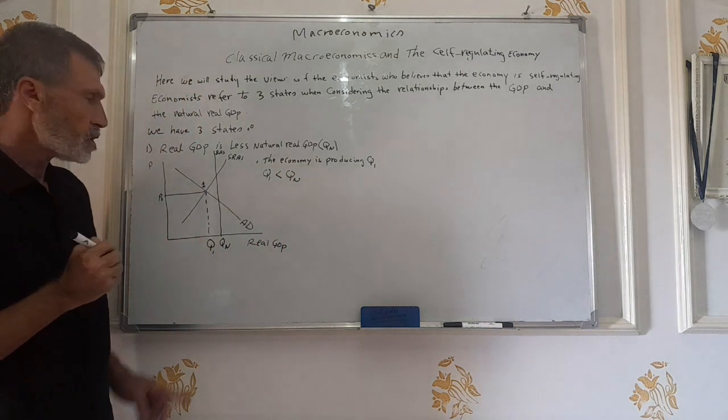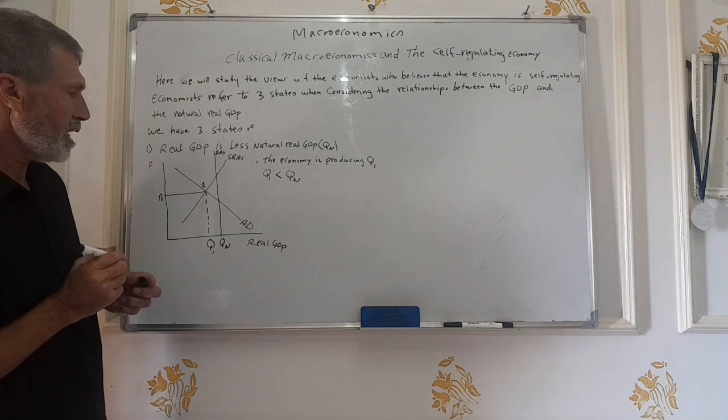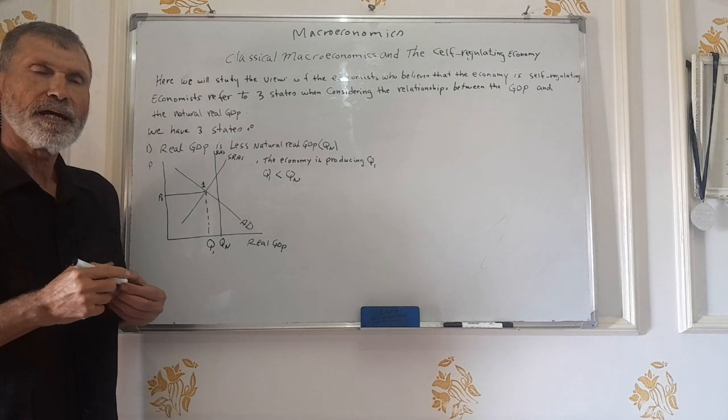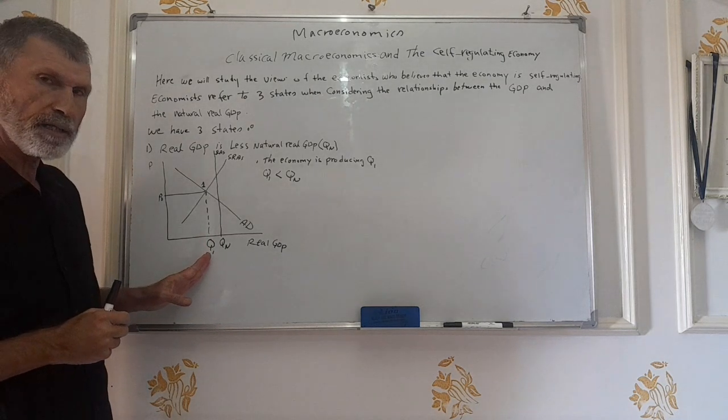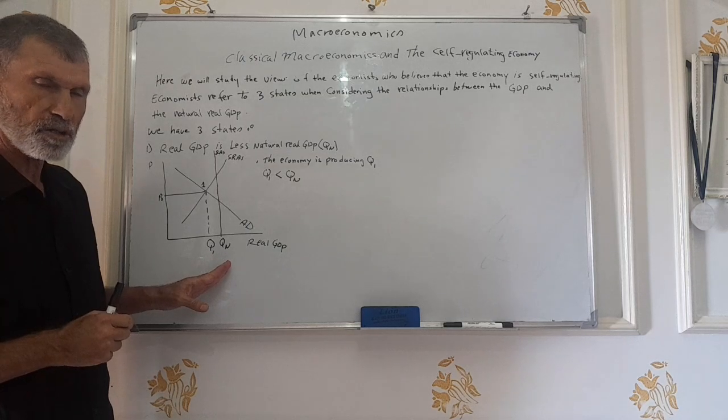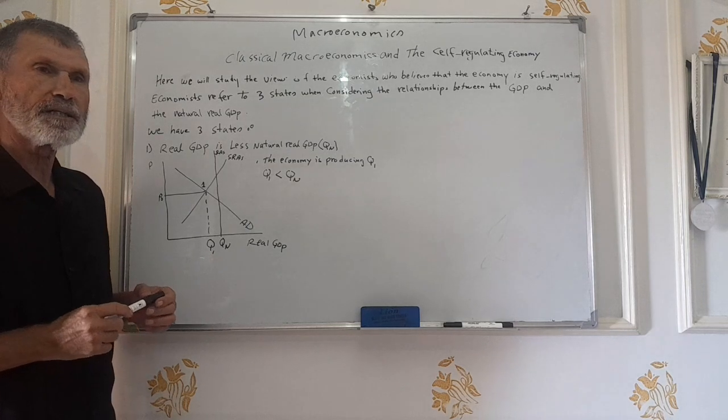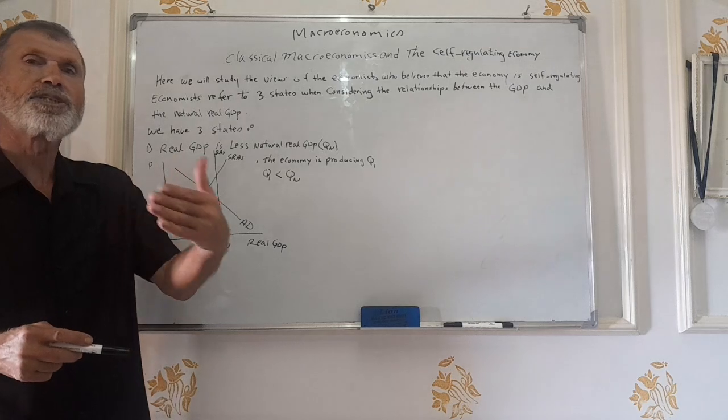So the economy is producing a level of output that is less than the natural level of output. Therefore, we say that the economy is in a recessionary gap.